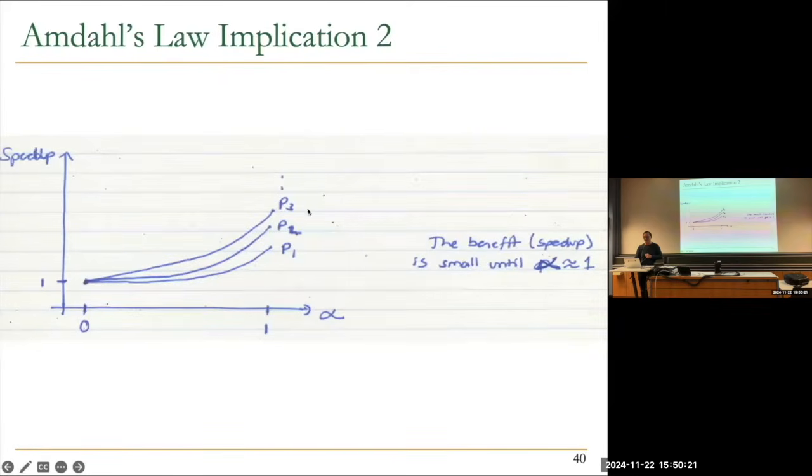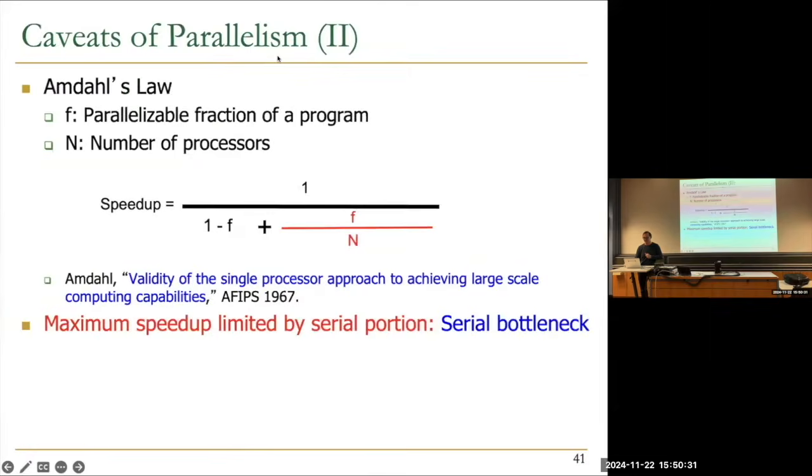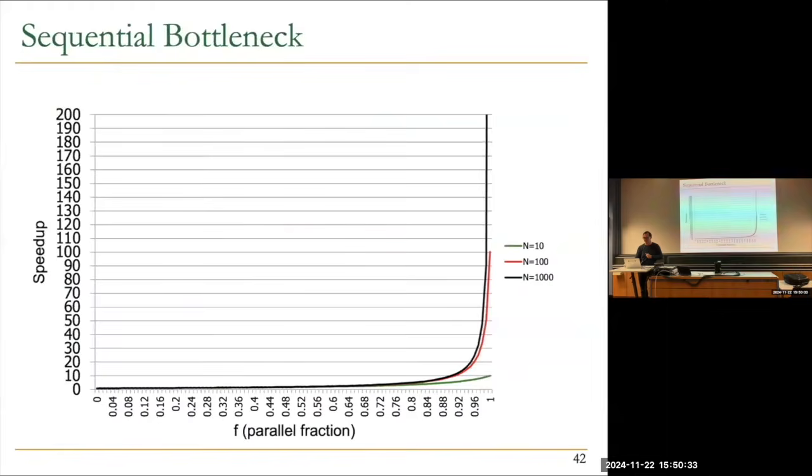And this is another way of looking at it. This is basically the parallelizable part, and this is speedup. The benefit is small until you get closer to 1. And okay, this is a better one over here. This is the parallel fraction, F, and this is real numbers using Excel, and Excel's terrible baseline graph.